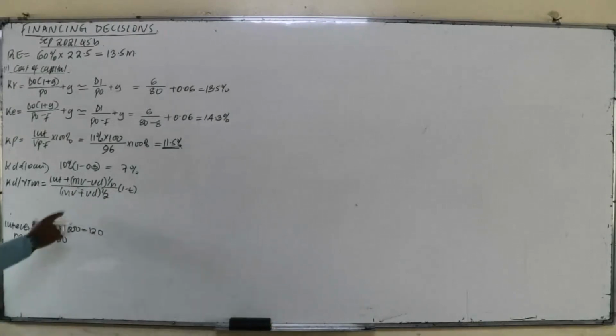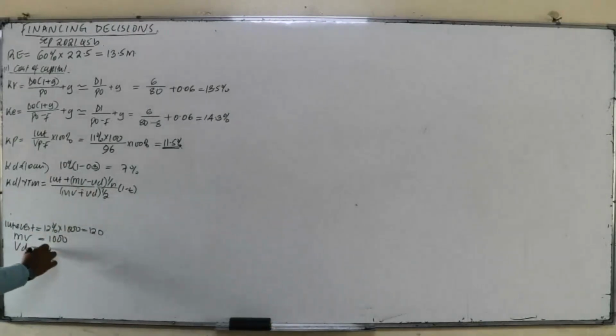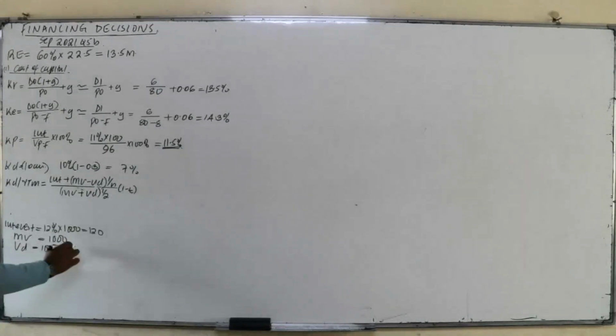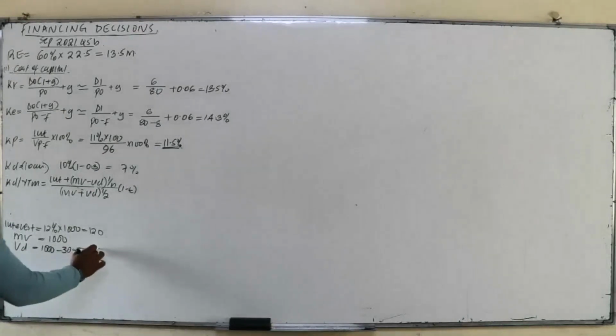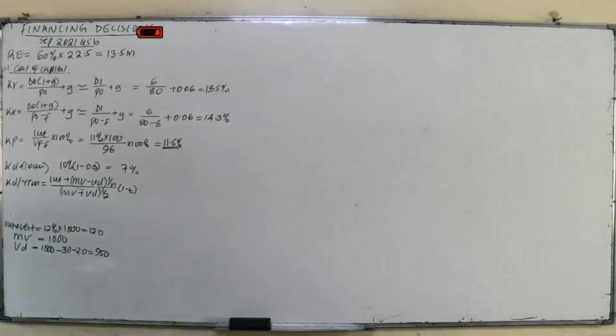We also need the value of the debt. To get the value of the debt, you take the par value, which is 1,000, but we are going to incur a discount. You give them a discount of 30. Also, there will be flotation cost of 20. So that means they'll get a net of 950. That's how we get the value of the debt.